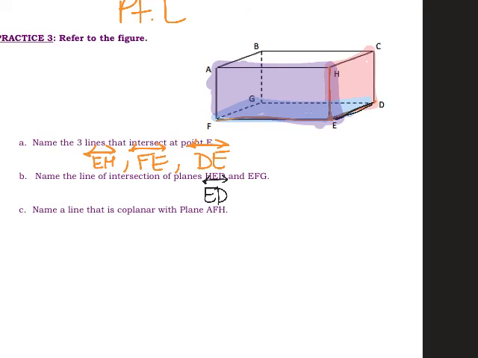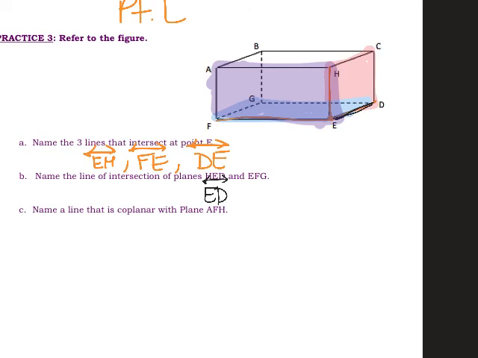Now, if the line is coplanar, what you're looking for is a line that's on the plane. That's all it is. So a line that's coplanar with the plane just means it's contained in there. So in other words, what line is within this purple region? What line is within the purple region? There's 4 different answers. You can give me one.